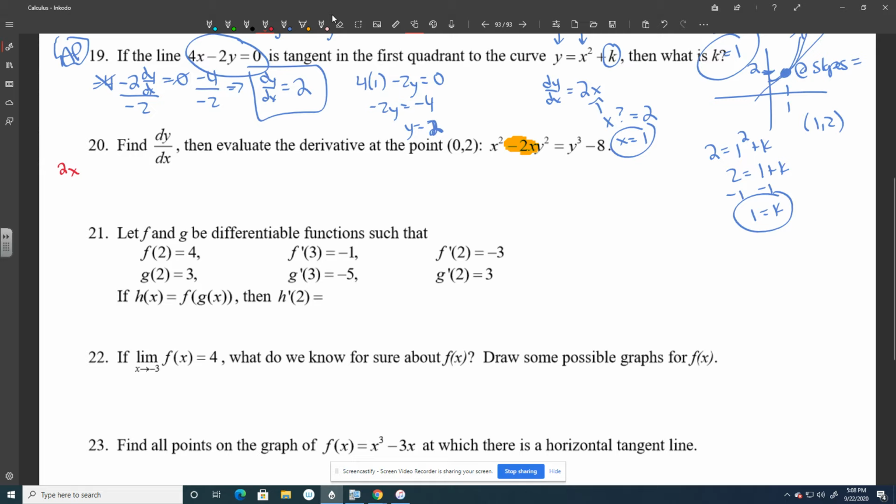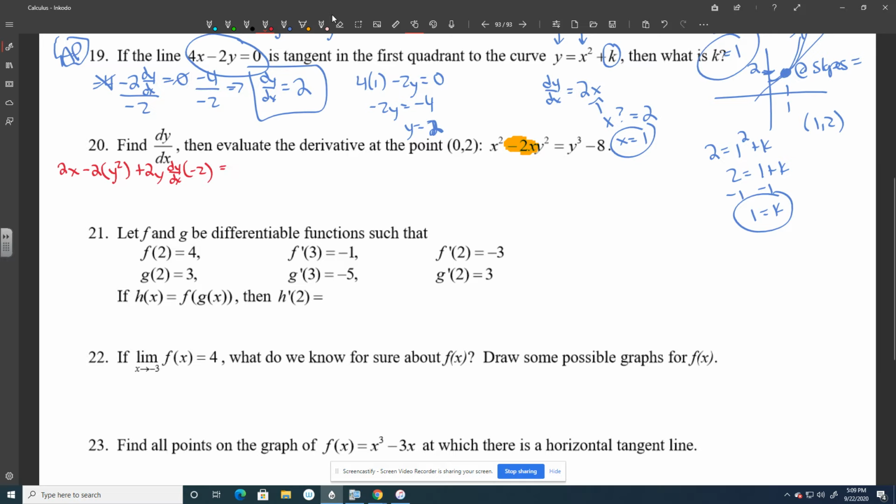So the derivative of the first, the derivative of negative 2x, is just negative 2, multiplied by the second function, the y squared. And then I've got to add the derivative of the second, which is 2y dy dx, multiplied by the first, which is negative 2.